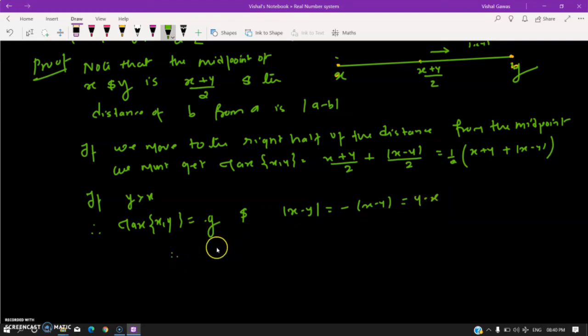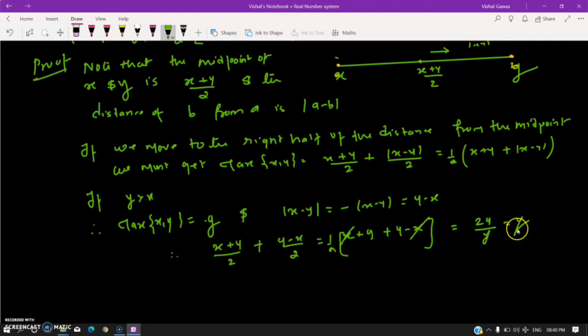Therefore x plus y by 2 plus y minus x by 2 is half times x plus y plus y minus x. The x and minus x get cancelled, and this would be 2y over 2, which is equal to y.